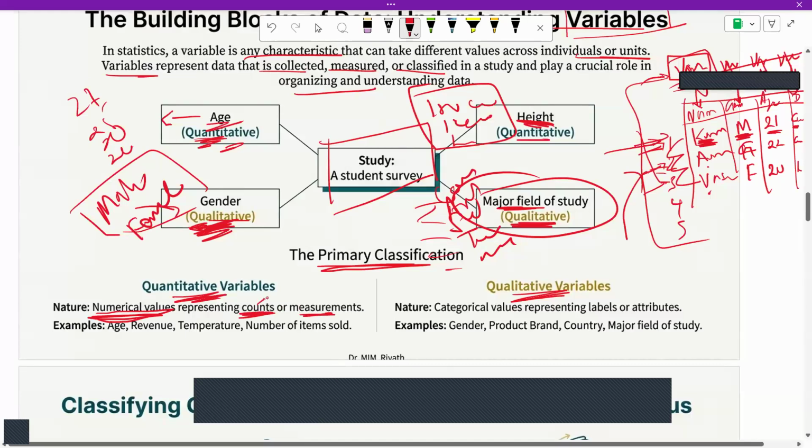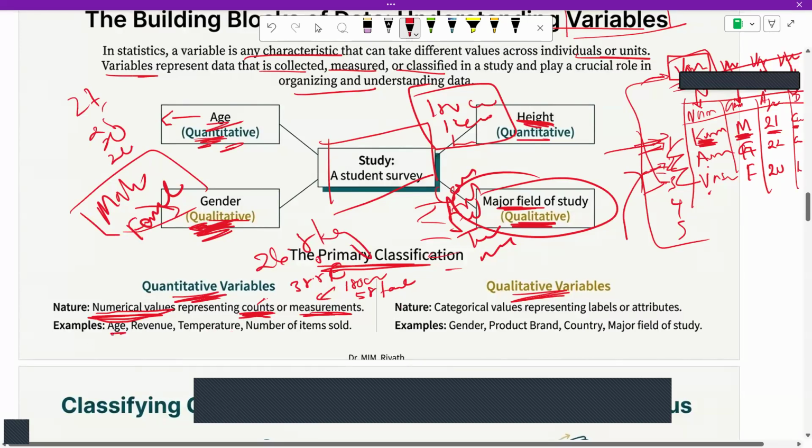Count: 1, 2, 3, 5, 6, 9, 20, 100,000, like that. Measurement like height, 180 centimeters or 5.8 feet, temperature like 38.5 Celsius, and weight like 26.8 kilograms.